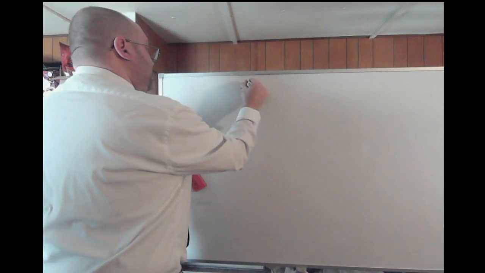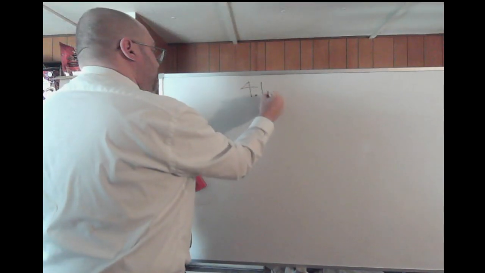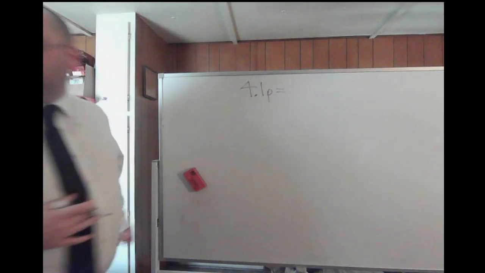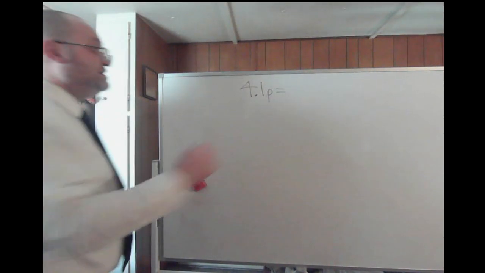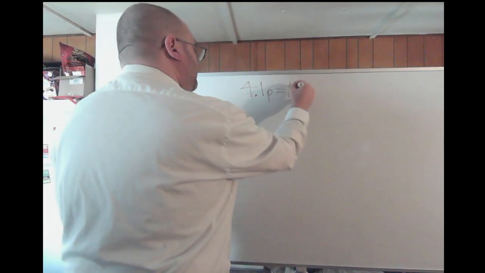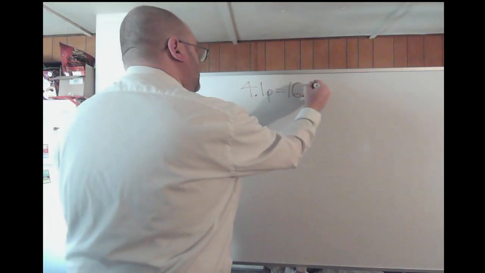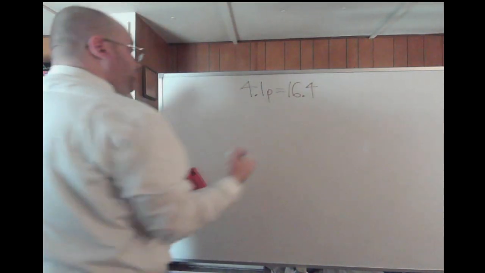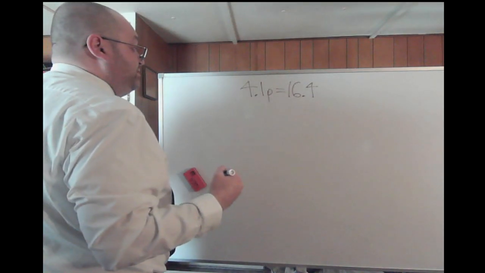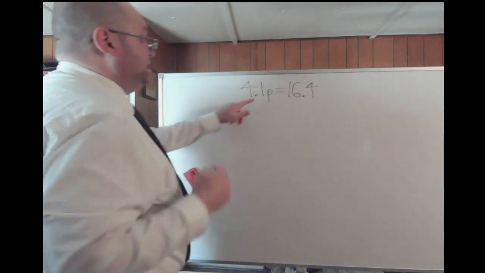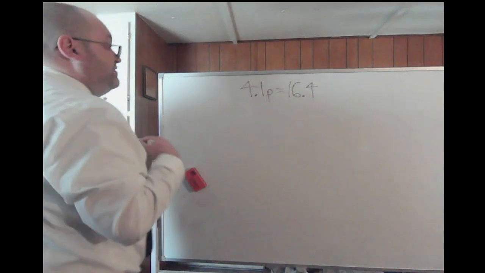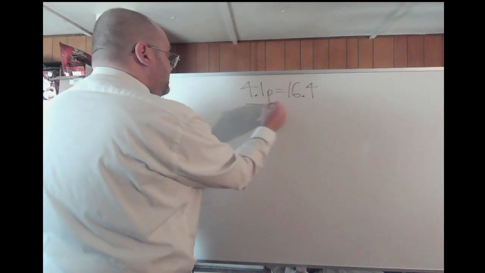Alright, I'm down to 6 more. Some slightly easier ones. So we have 4.1p is equal to 16.4. 4.1p equals 16.4. Well, we have 4.1 times p. We need to divide by 4.1 in order to get p by itself.